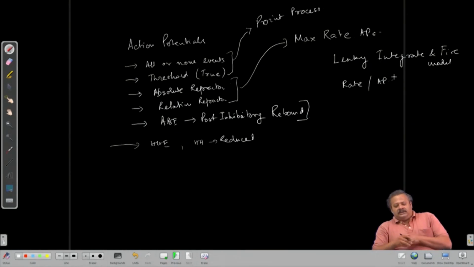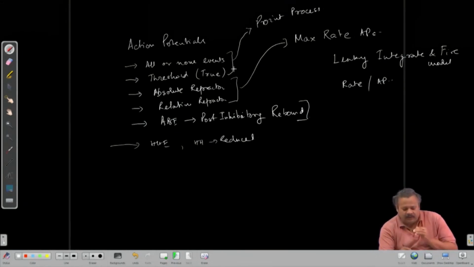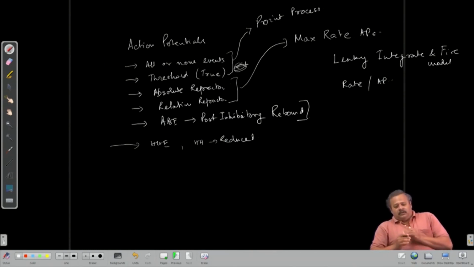So, all we need is using this idea of a true threshold that neurons have. We only require to simulate the voltage only up to the threshold point, and beyond that we do not need to consider modeling the voltage waveform, because that requires modeling the ion channels. So, if we remove the ion channels in the leaky integrate and fire, we only need to define the threshold and know when an action potential occurs. Because they are all or none events, that is sufficient.